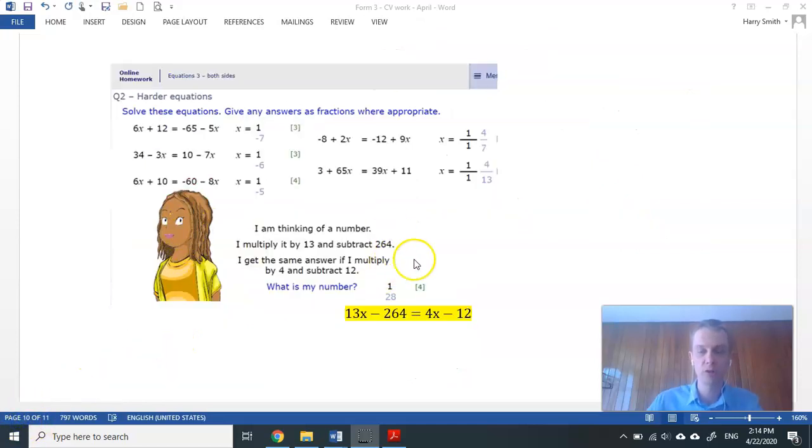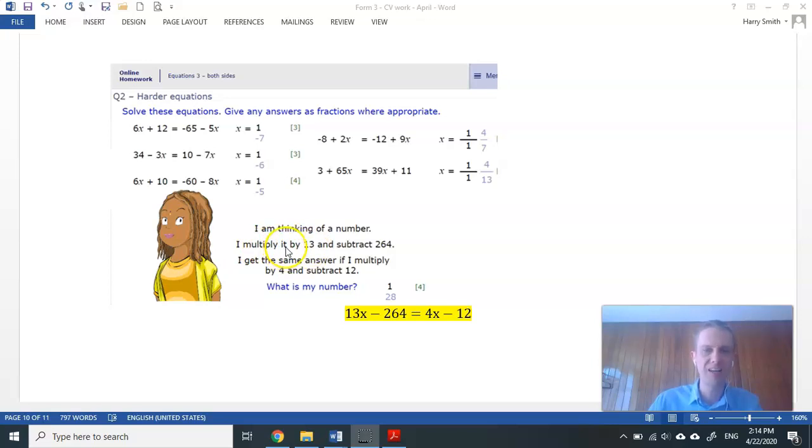Just to finish off, I just want to make sure you're okay with this last worded part on page 2. What it's asking you to do, boys and girls, is make an equation out of this text here, okay? And then solve it, yeah? If we look at this one here, I'm thinking of a number. The number, we're going to call that x. I multiply x by 13.